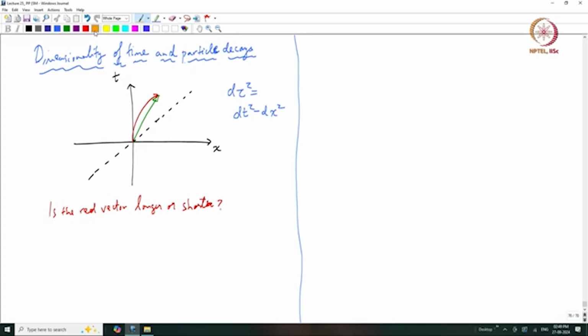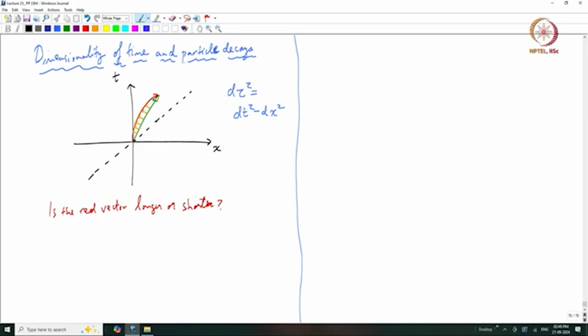The answer is it is shorter, and I'll tell you why. Because when I draw this line, can you see the arrows that I am drawing here? I am actually distorting this vector in a direction that is, is it time-like or space-like? So I'm just drawing these perpendiculars, right?